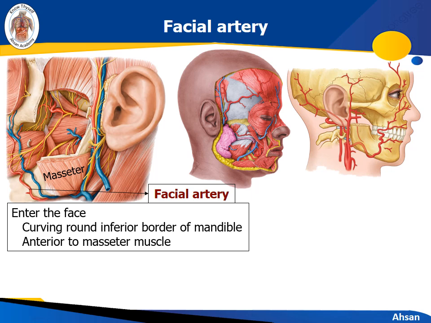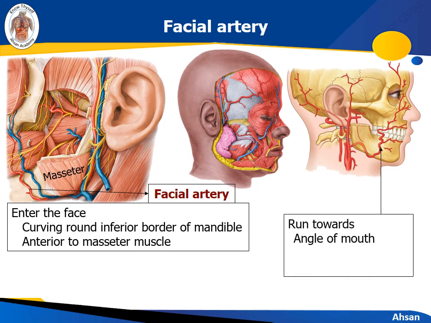You can see this is the masseter, and it runs upward towards the angle of the mouth, ascends further by the side of the nose, then goes up to the medial side of the eye. Throughout its length it is very tortuous and gives many branches to the structures of the face.